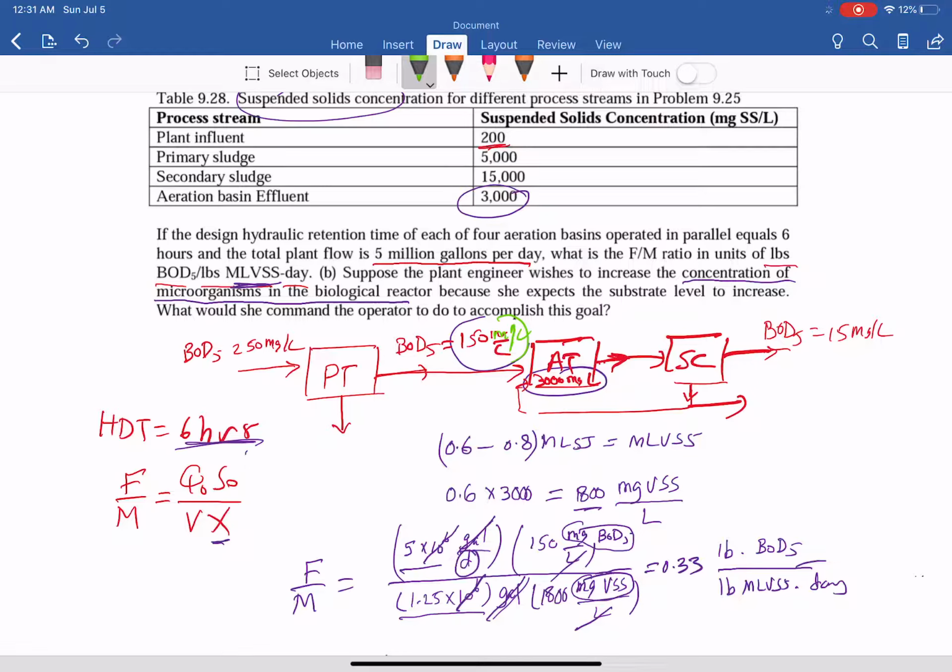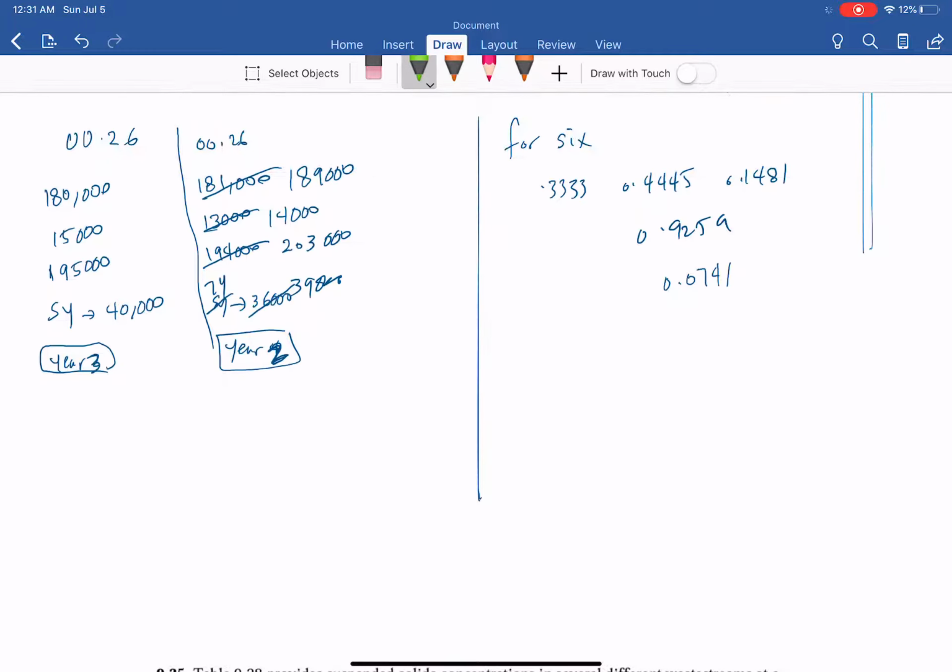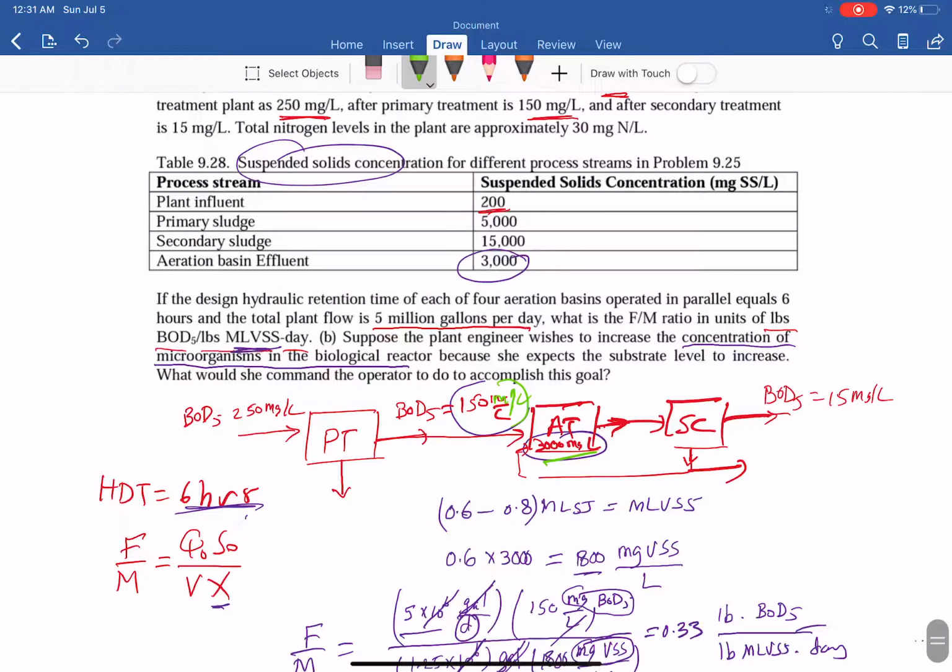Okay, so now what to do? In order to increase the mixed liquor suspended solids, 3000 milligram per liter in the aeration tank, you have to reduce the amount of solids that are wasted. Whatever is wasted here, we need to reduce this amount and increase the recycled activated sludge.